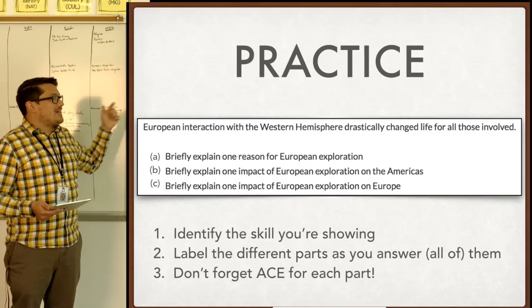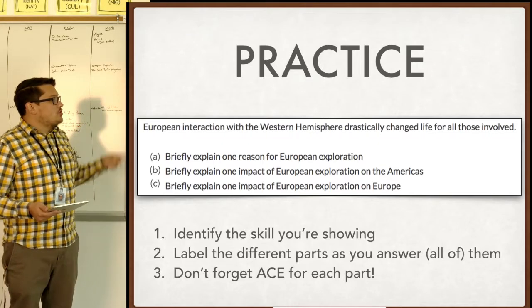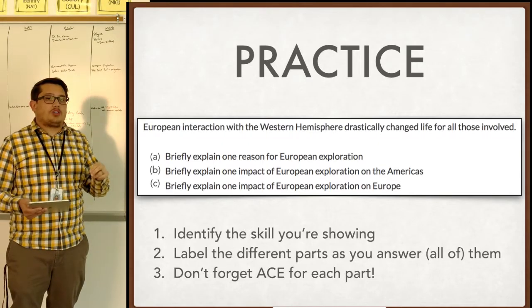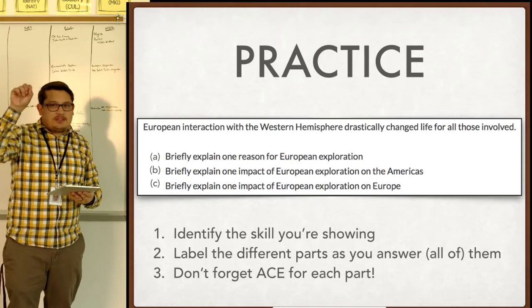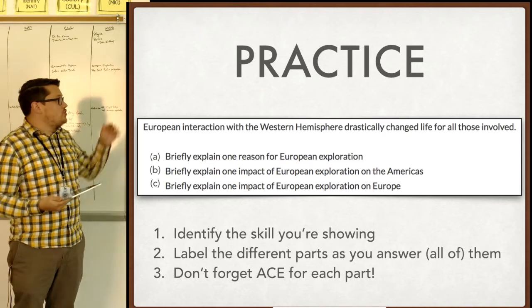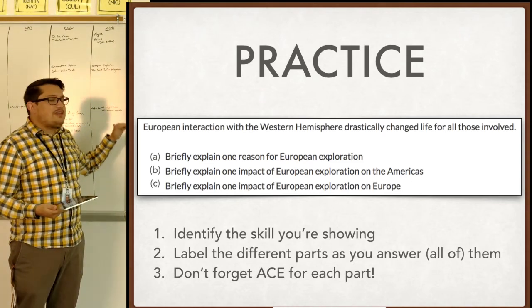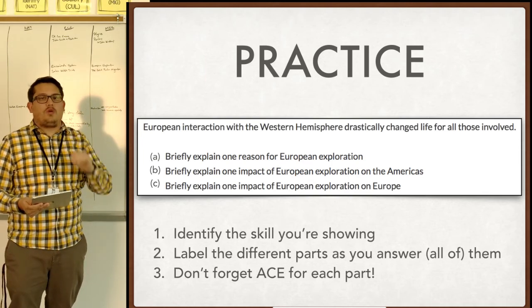First, identify the skill that you're showing in these questions. Second, label the different parts while you do them. When you're answering part A, I want you to note: this is my answer, this is my cite, this is my explain. And do that for B and C, okay? And don't forget, answer, cite, explain. Do all of those things.